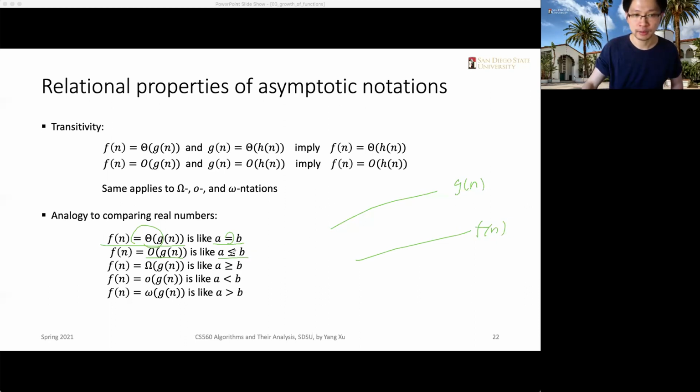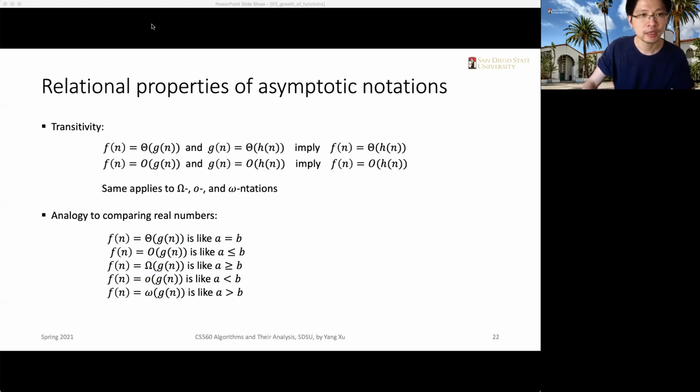And small o and small omega basically mean a more strict relationship, because they are describing the loose upper bound and the loose lower bound, which is a more rare case actually.